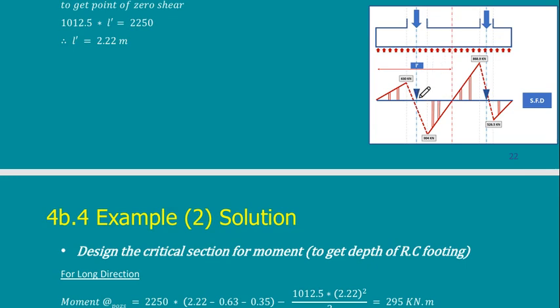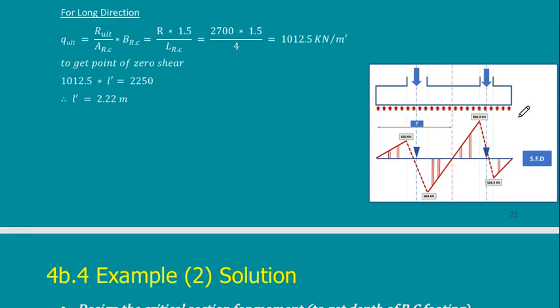I don't know. There is an old rule in structures. It tells you that the maximum moment is at the location of the point of zero shear. This is a structural rule of thumb. This is the point of zero shear. If I manage to calculate this point, then this point will be exactly the point of the maximum moment.